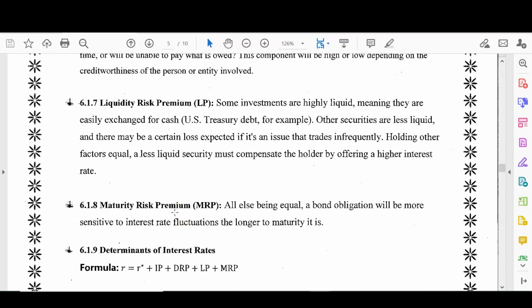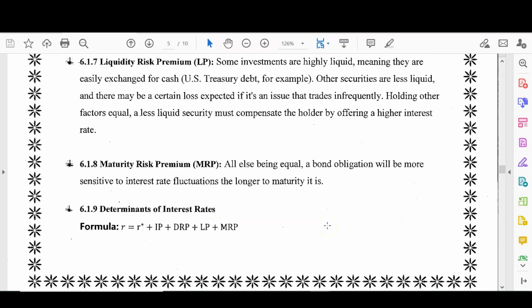If the duration of the bond is longer, there is a higher risk that the interest rate would change to affect the price, due to the market environment. So for longer term bonds, there is a higher maturity risk, so the MRP, maturity risk premium, will be higher too.